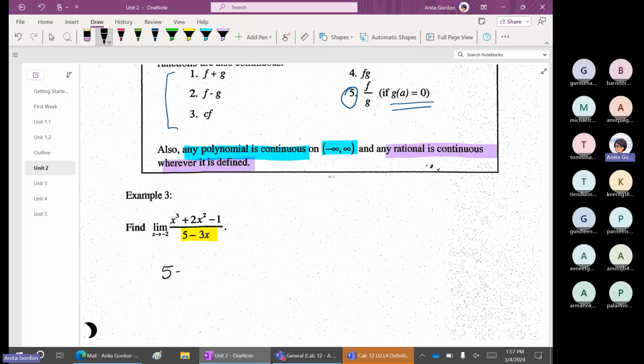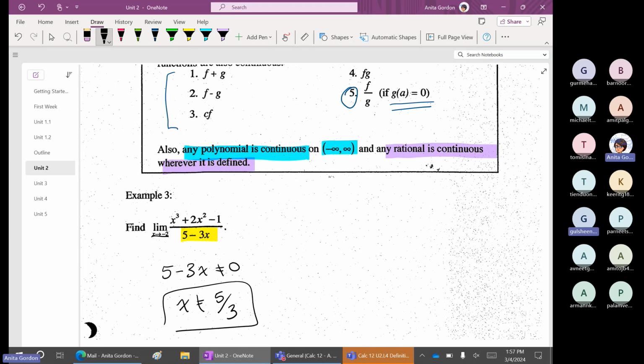It is 5 minus 3x cannot be 0, so x cannot be 5 over 3. Right? So this is my restriction.